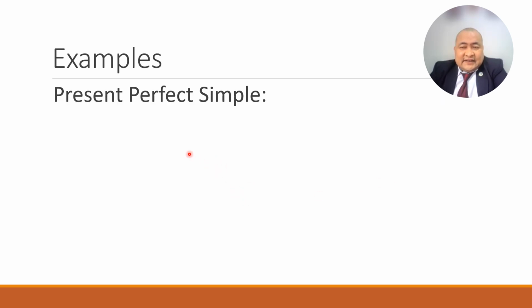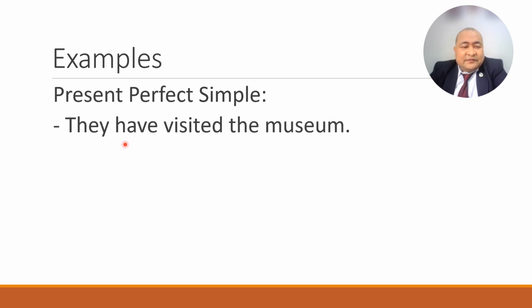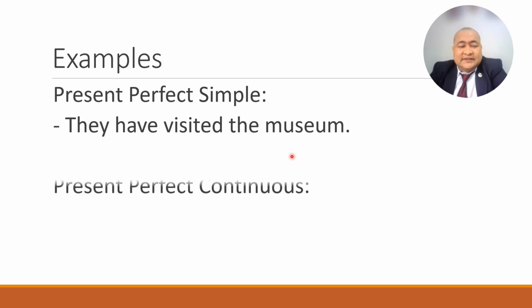Next, let's see the example again for present perfect simple. They have visited the museum. It means they have completed this visit, not at the museum anymore. Maybe they are at home already, but they have visited the museum, already completed.